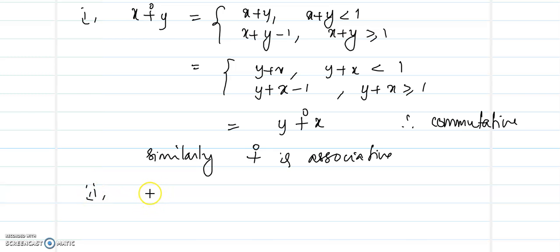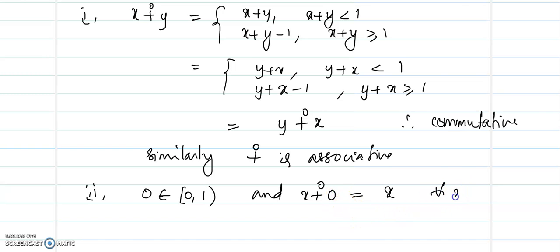Now 0 belongs to [0,1), and if you take x sum modulo 0, where x belongs to [0,1), then x plus 0 has the value x, which is less than 1. This means that 0 is the identity element.